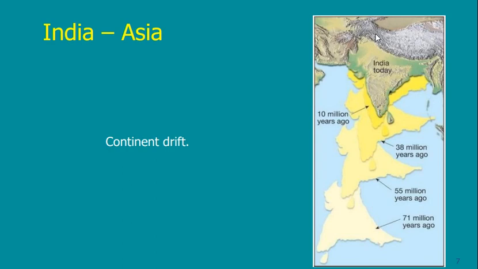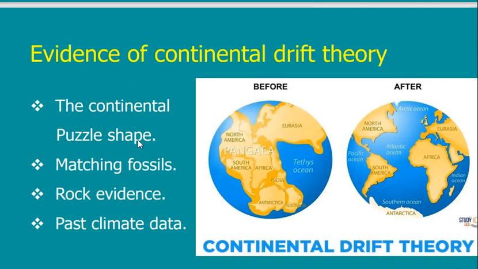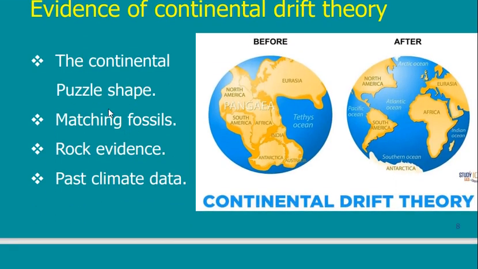It is because of the tectonic movement. We will see something, but this is just an introduction. So, as an example of continental drift, it is India in Asia. So this is India and Asia. This is what you were speaking about now.